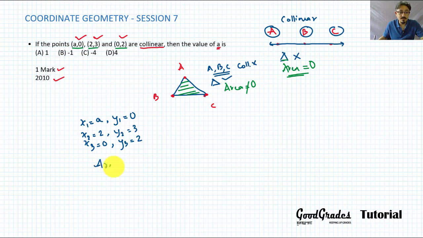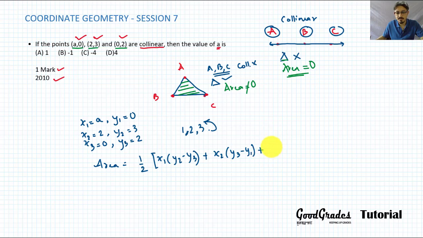Area is equal to half, taking the points 1, 2 and 3 in anti-clockwise order, of x1 times (y2 minus y3) plus x2 times (y3 minus y1) plus x3 times (y1 minus y2).